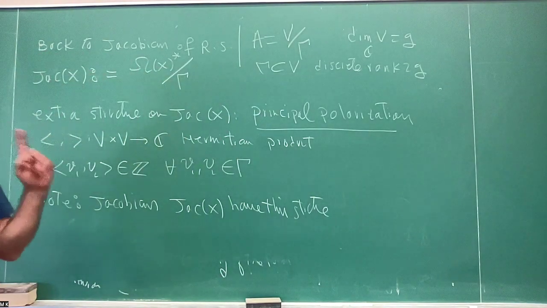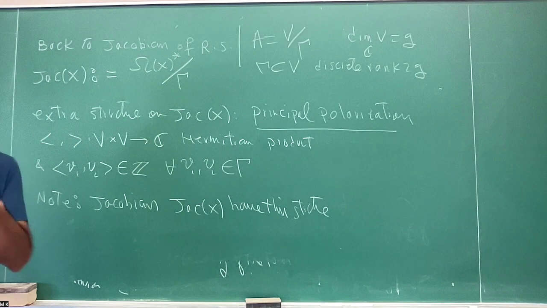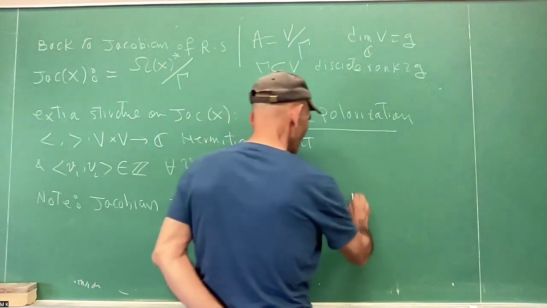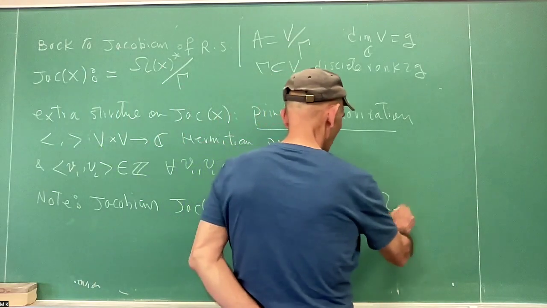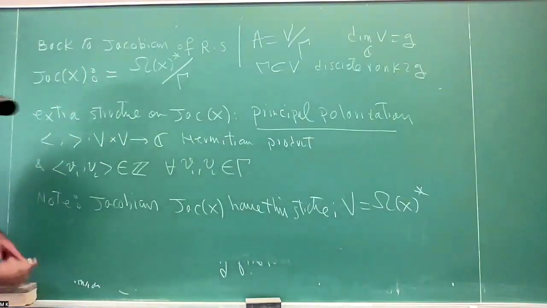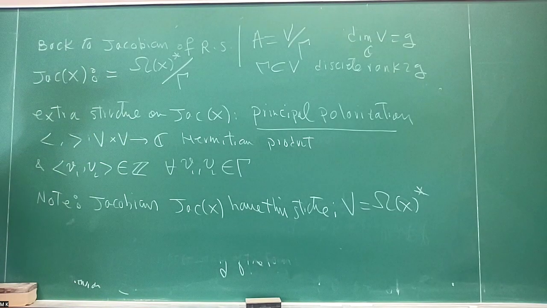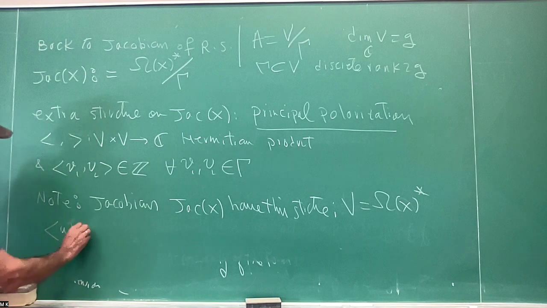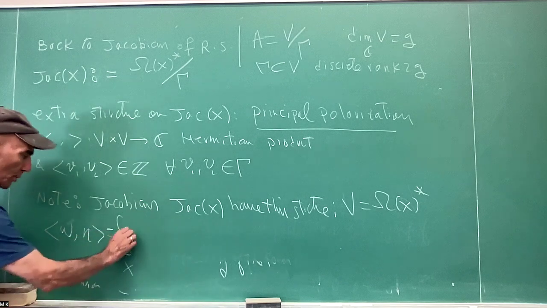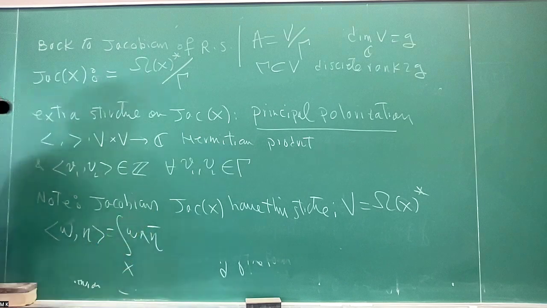Because in the case of Jacobians, V is Omega of X star, the dual of holomorphic differential forms. And in that case, I used this intersection pairing on one forms: the pairing of omega and eta is equal to the integral over your Riemann surface of omega wedge eta bar.